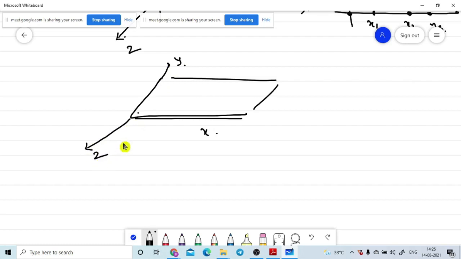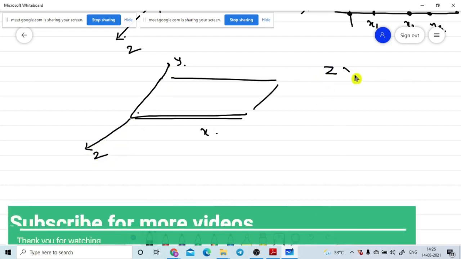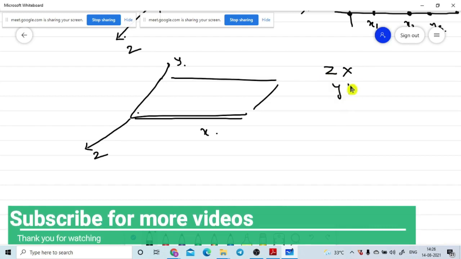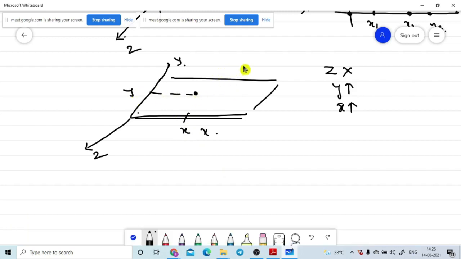Z is restricted, while x and y are allowed. To explain the position of the particle, we need the x value and the y value. That means the number of degrees of freedom for this particle is 2.